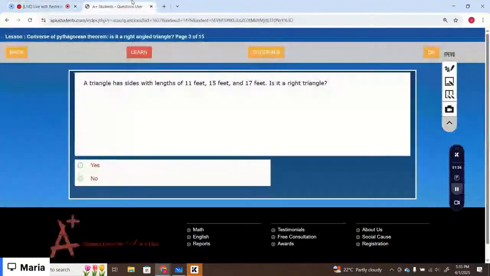Which is the correct option? No, that is not a right triangle. Option number two is the correct option.